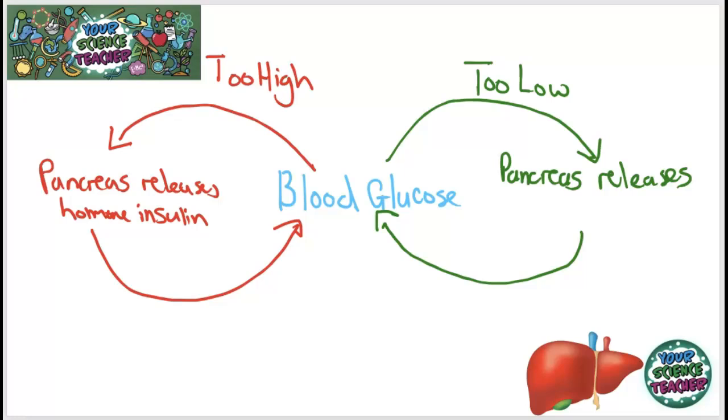And this insulin tells our bodies to do a couple of things. What happens is our cells start taking in some of that glucose that's in the bloodstream. And also some of the glucose is stored as glycogen in our liver.